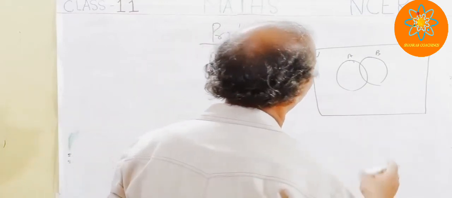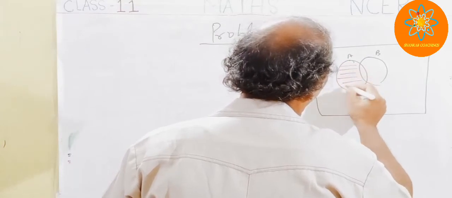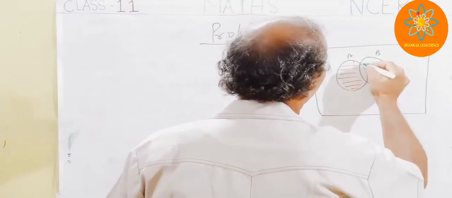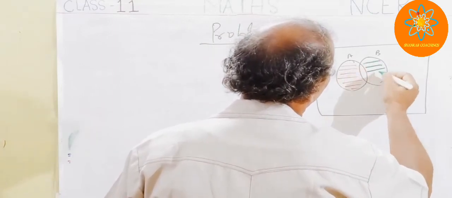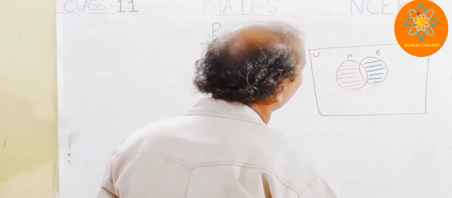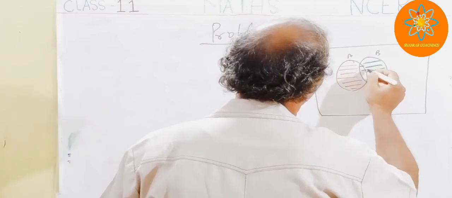After drawing the sets A and B, three portions will be there. This portion is A only, another one is the B portion, and this one is the middle portion.